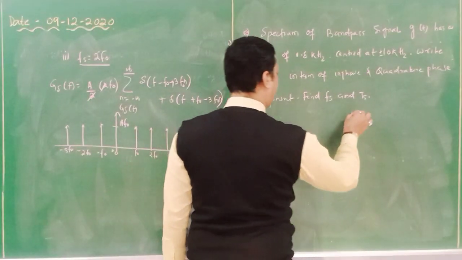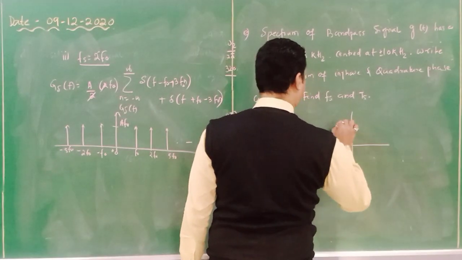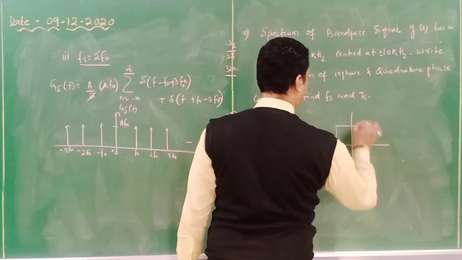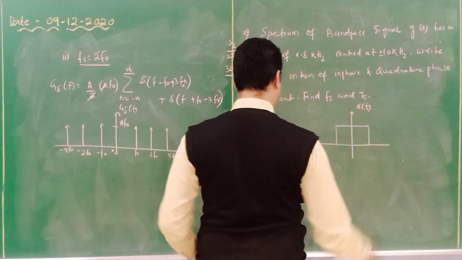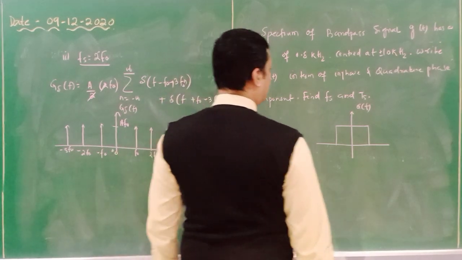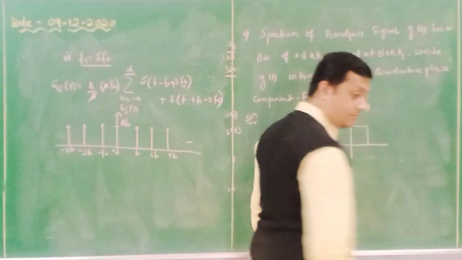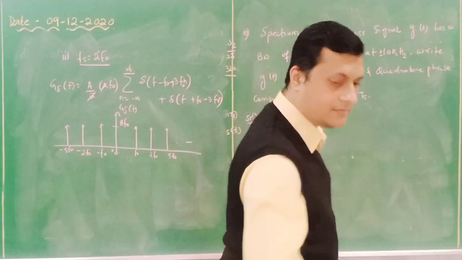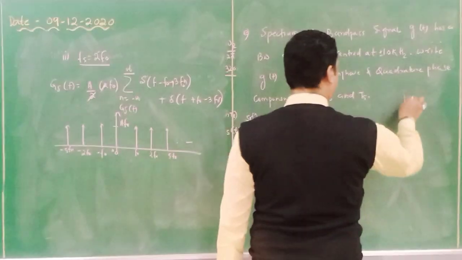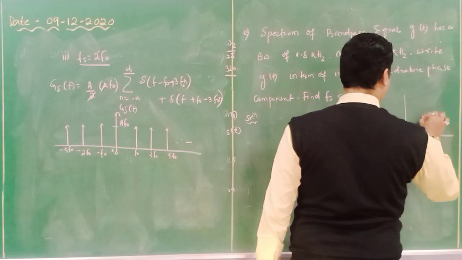So as per the band pass signal, let us consider this is G of F. So it is a band pass signal, means it will look like this.